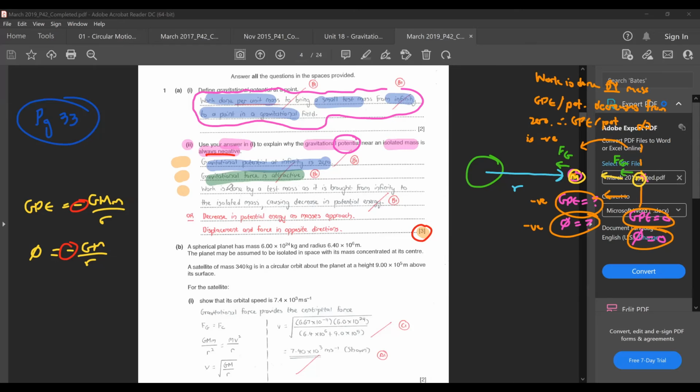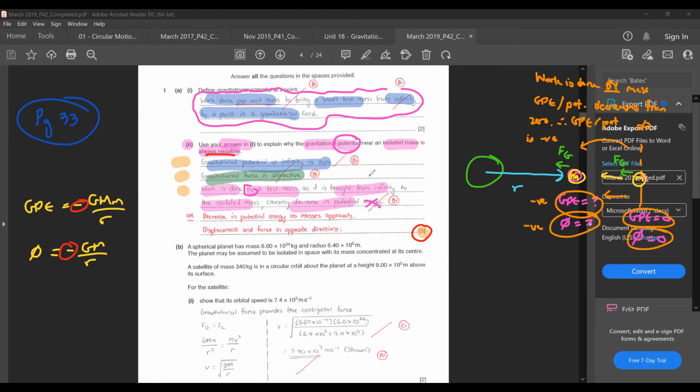Now, because gravitational force is attractive, it's from here that you will be able to deduce that work must have been done by your mass in order to move from infinity to the point, because the gravitational force is what's pulling your mass right now. Work is done by the mass as it's brought from infinity to the point, which causes decrease in potential. Okay, you actually don't need to write potential energy because you're talking about potential.